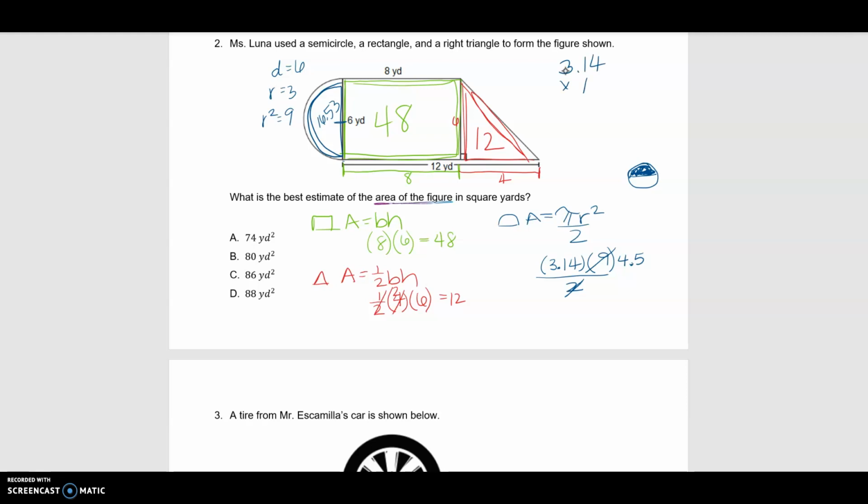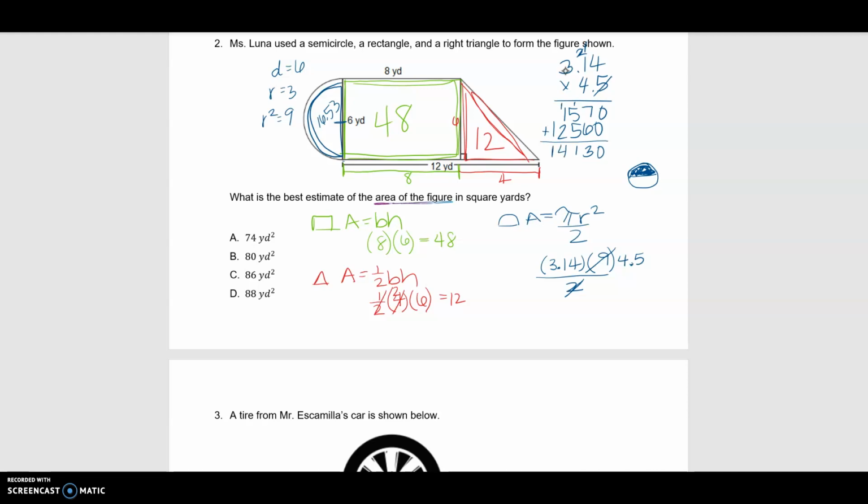3.14 times 4.5. 4 times 5 is 20. 5, 6, 7. 3 times 5 is 15. That is 0. 4 times 4 is 16. 1 times 4 is 4, plus 1 is 5. 3 times 4 is 12. 0. 6 plus 7 is 13. 5 plus 5 is 10, plus 1 is 11. 2, 3, 4, and I have a 1.